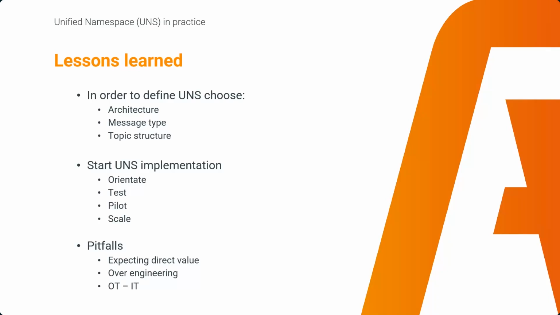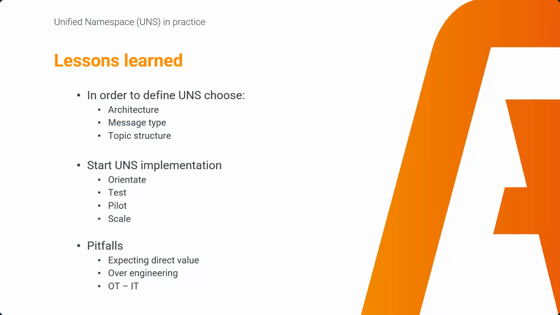One other pitfall is the OT-IT difference. Whenever we are setting up a UNS, and you saw it in the architectures earlier, we have OT architectures and IT architectures. In the OT architectures, we're really looking at, for instance, Sparkplug B, communication with PLCs, factory networks, OT networks. Whenever we take a look at IT, of course, IT comes involved.